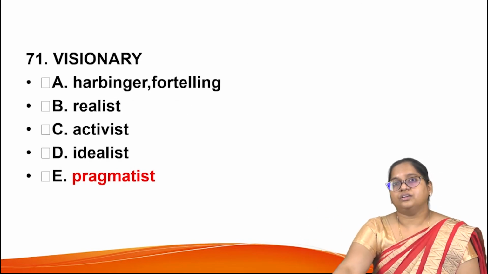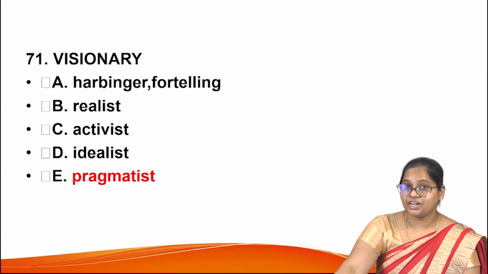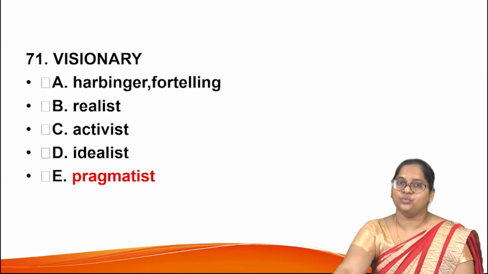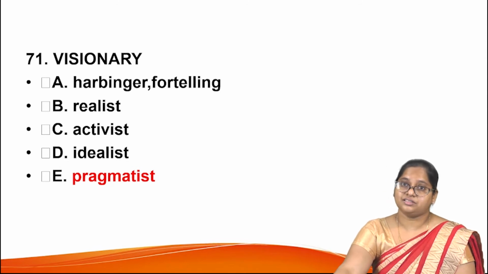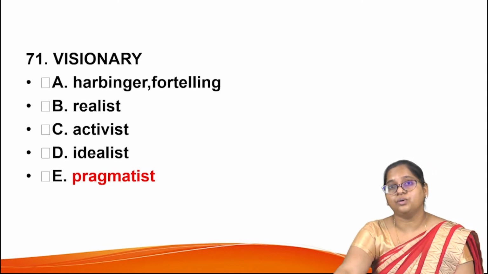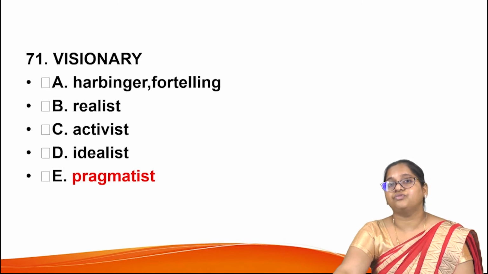Next, 71, visionary. Who is a visionary? Somebody who visualizes, who has a vision, who would set a goal and work on that. The options given: harbinger, which means you foretell.